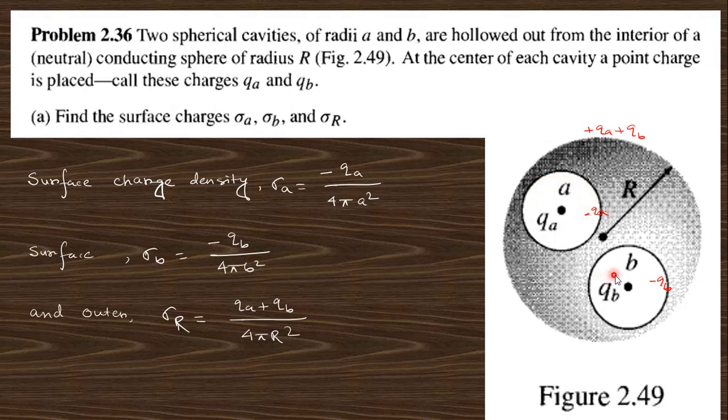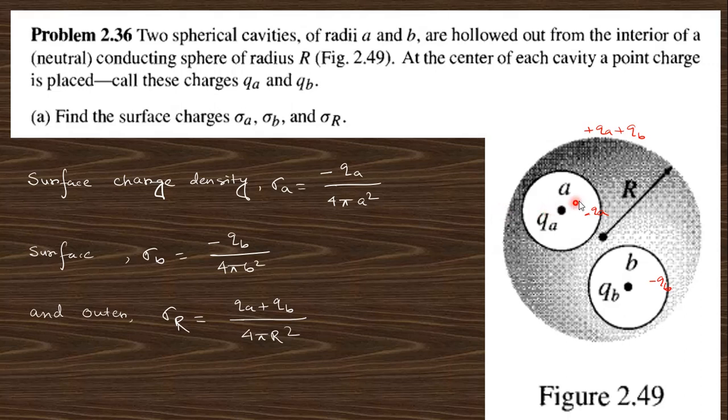In a similar fashion, since there is a qb charge at the center, charge is induced on the inner surface of this cavity. Since minus q charge is induced, there must be a plus q charge on the outer surface such that the total charge is neutral. Similarly, the minus q charge is induced on the inner surface of this cavity, so there must be a plus q charge on the outer surface of this metal.